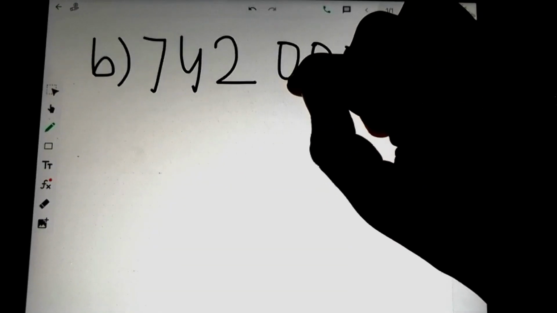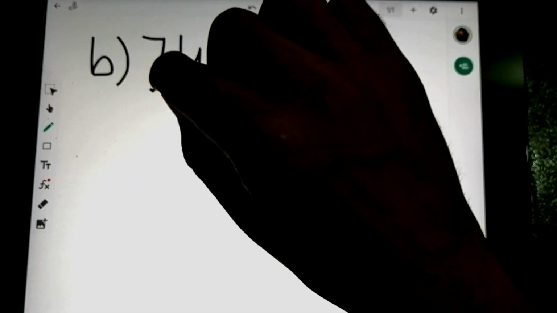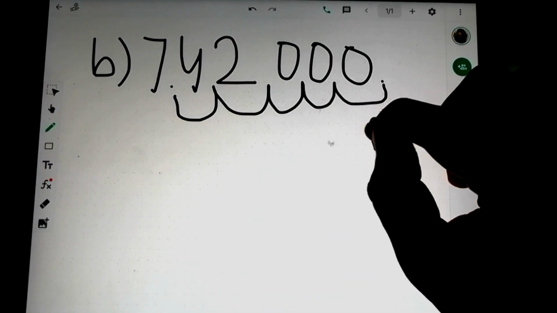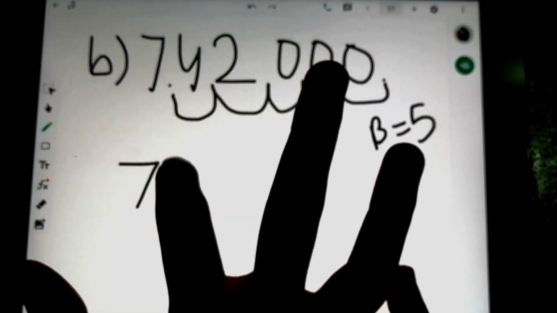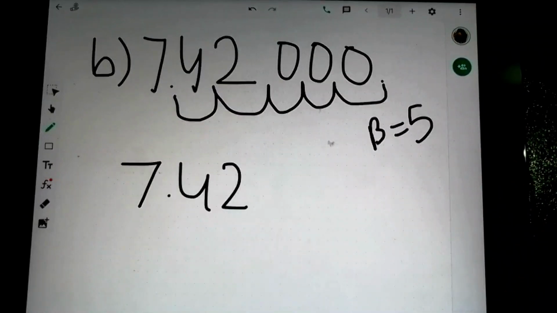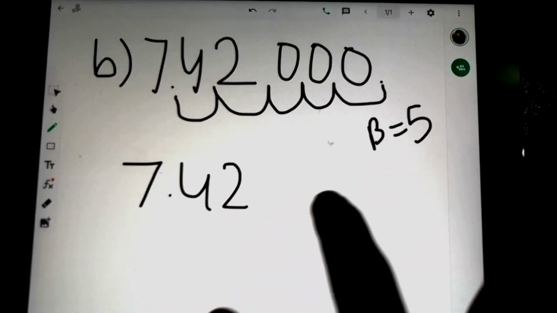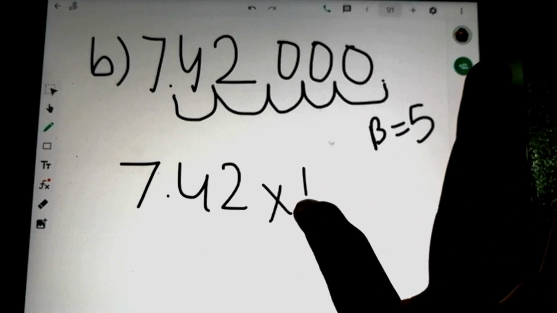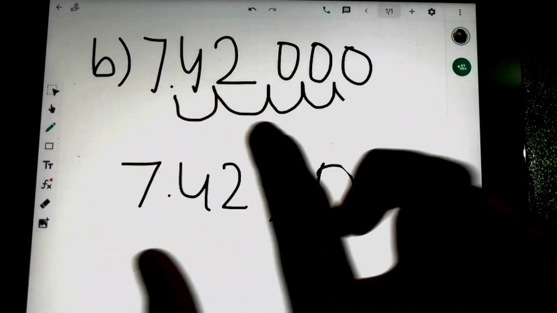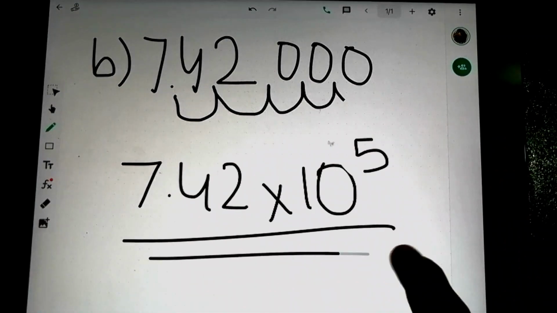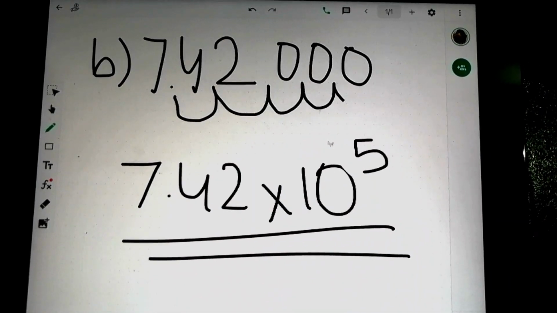So 1, 2, 3, 4, 5. We move 5 spaces, so that means B equals 5 and A is 7.42. We don't need to write the zeros because after the decimal point they're useless. So this is our A, and then multiply by 10 raised to the power B, which we just learned is 5. So that is our answer.